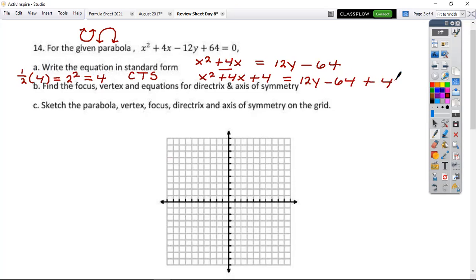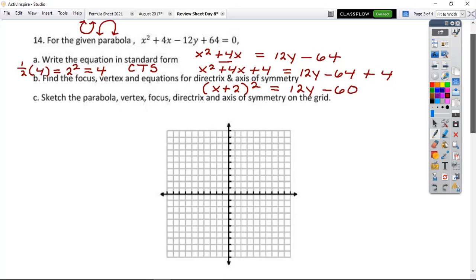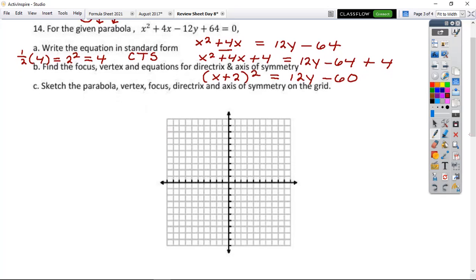Now the left-hand side is going to get factored. You can use all the space too. So this becomes x plus 2 squared equal to 12y minus 60. So what you want to get at with these is you want this to resemble the standard form equation for the parabola.